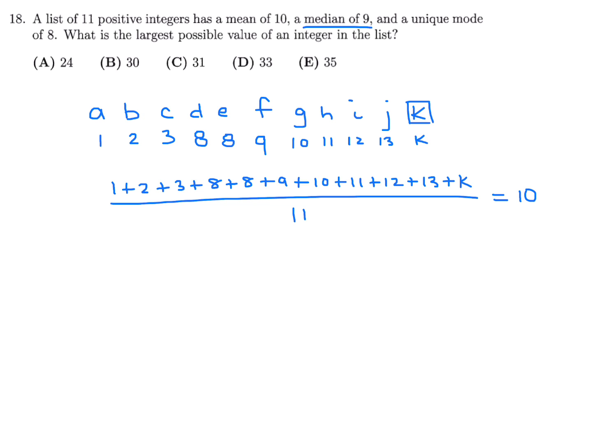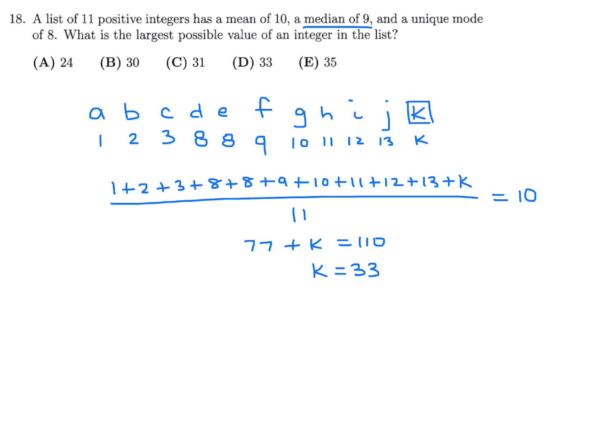So if I do this math here, I get 77 plus k is equal to 110, and therefore k is 33. Okay, 33 is one of the answer choices, but I got a feeling that perhaps it could be 35. Well, the good news is that we got the second largest answer. So let's see if I can get 35 somehow.